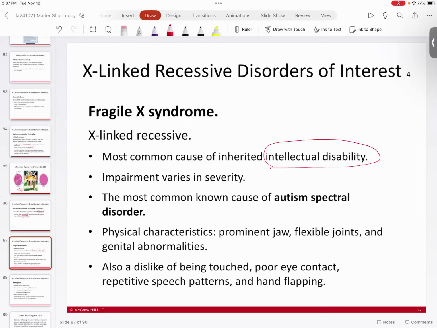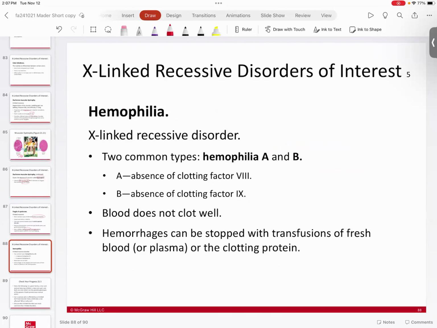And so some of the things that you'll see are different types of mental and cognitive abnormalities, prominent jaw, flexible joints, genital abnormalities, typically a strong aversion to being touched or making eye contact, speech patterns, things like that. So just general types of things that are associated with cognitive disruption and communication.